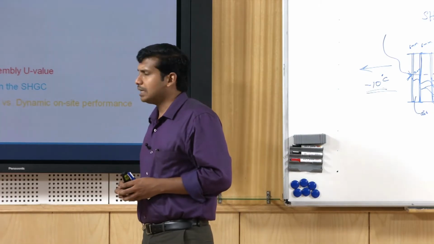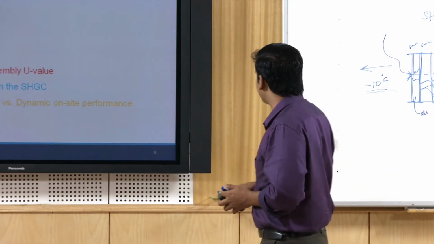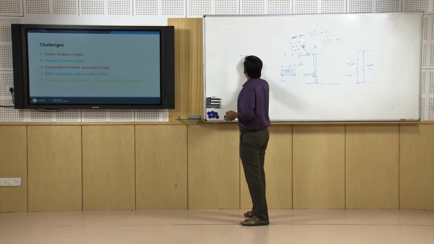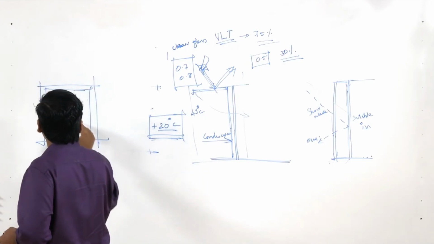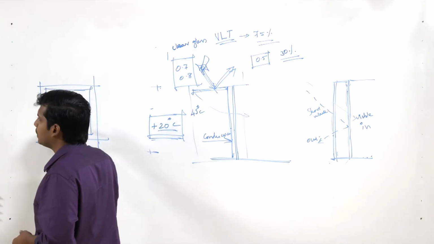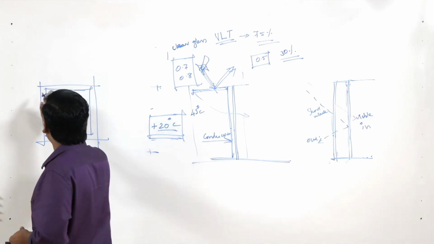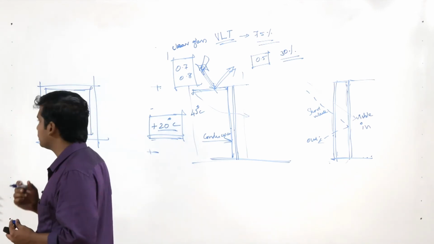The first major challenge is that what you get from this data sheet is something called the center of glass U value. If you have a glass like this, you have a frame all around, and this is your glass. The value that they give you, they would have tested this glass panel through typically a hot plate apparatus that I was talking about.